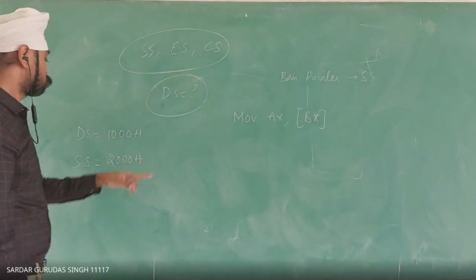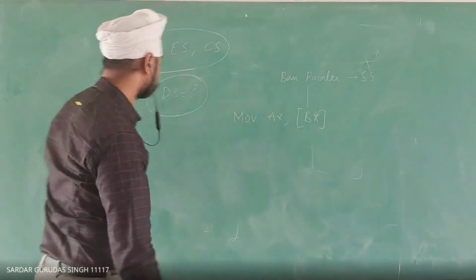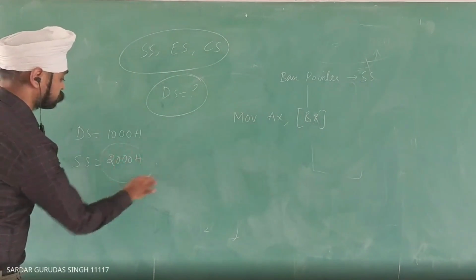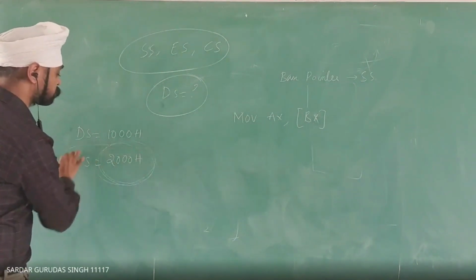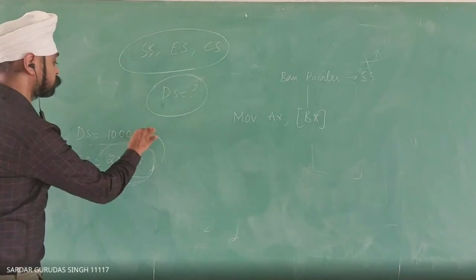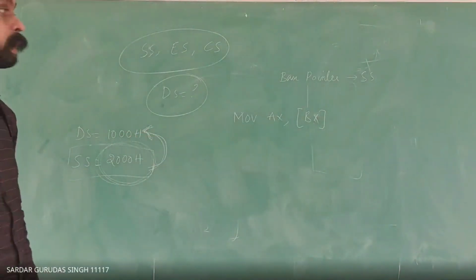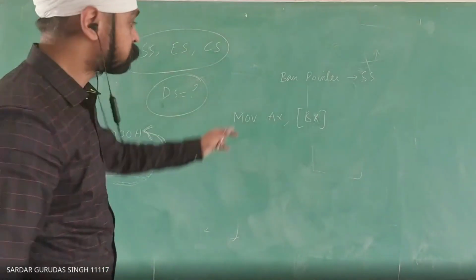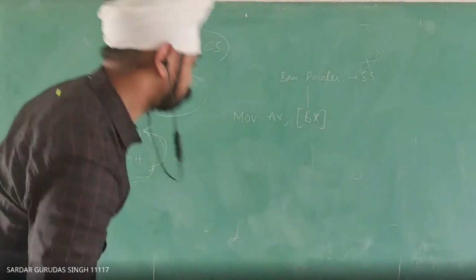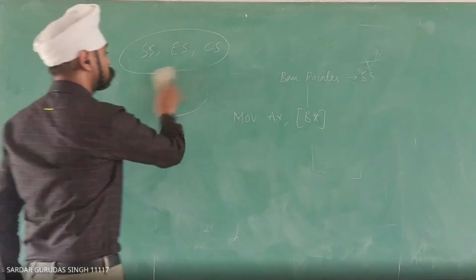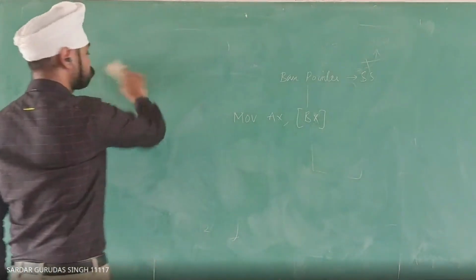So if you are using the base register, then you need to add this effective address with the stack segment, not with the data segment. So it depends upon the register, which segment register you should use to get the physical address.